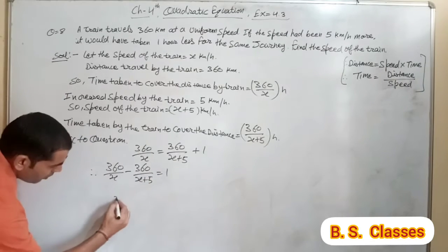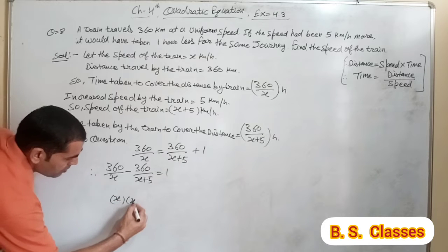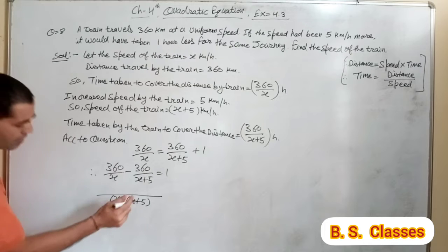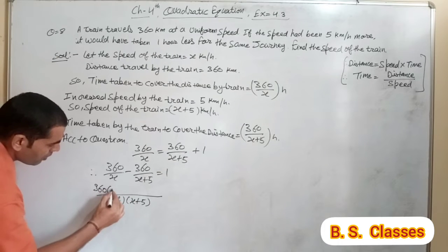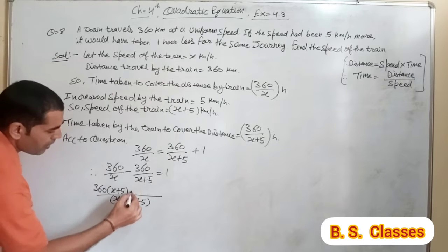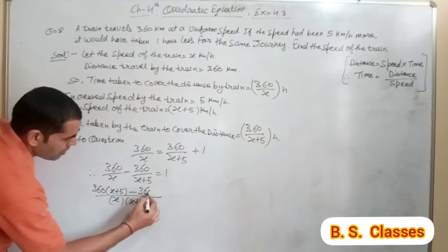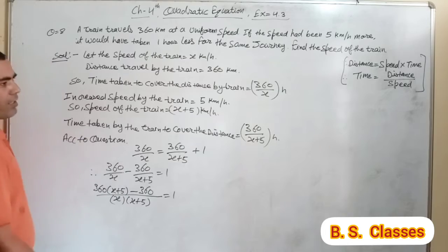Taking the LCM of x and x plus 5: 360 into x plus 5 minus x multiplied by 360 is equal to 1.